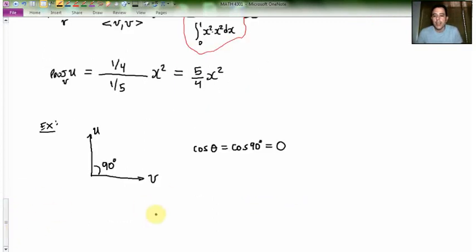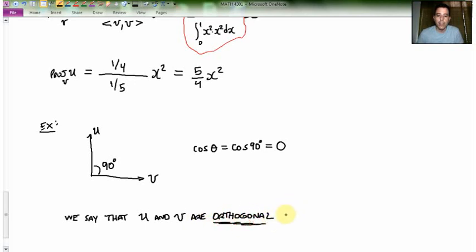So we can expand that to vector spaces, saying that u and v are orthogonal if the cosine of the angle between them is 0.